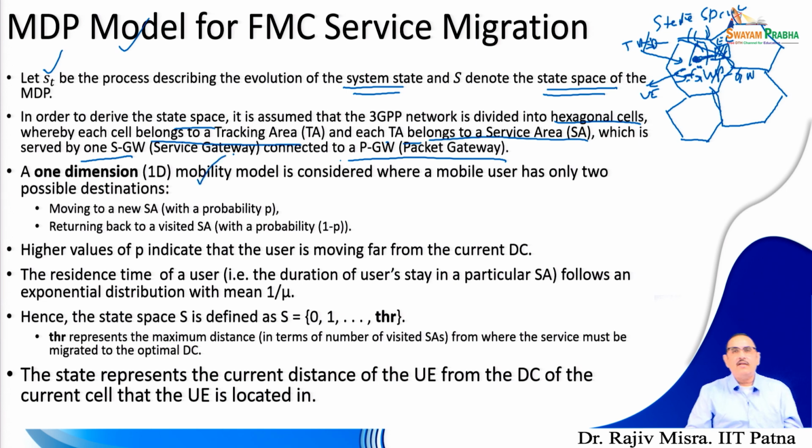Now, consider a simple model, a one dimensional mobility model, where the mobile user has only two possible destinations: moving to a new service area with a probability p, and returning back to the visited service area with a probability 1 minus p.